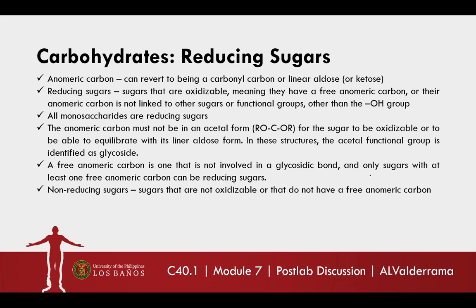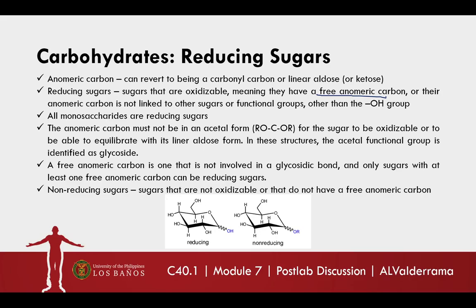Ang reducing sugar natin, it just means that it is oxidizable, and magiging oxidizable lang siya if it has a free anomeric carbon. Otherwise, this becomes non-reducing sugar kung walang free anomeric carbon present dun sa ating carbohydrate.